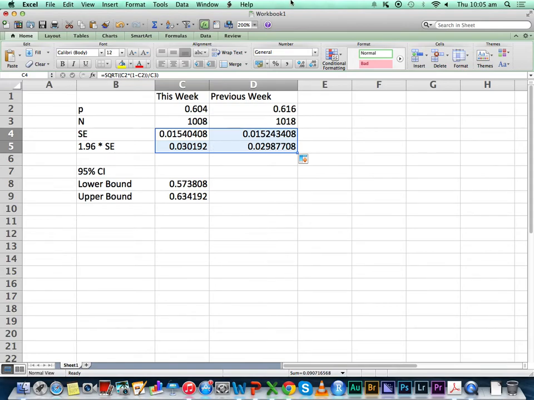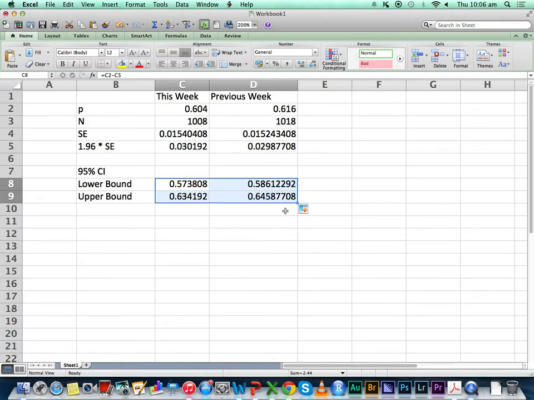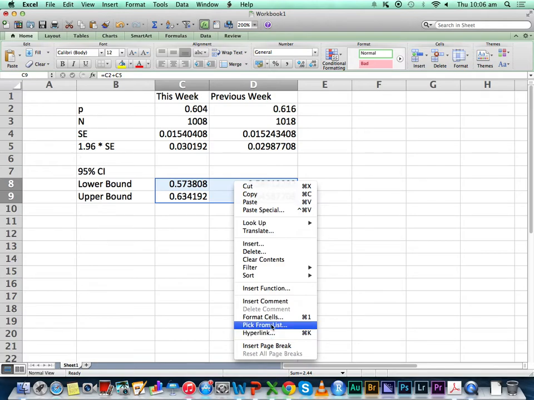Because the sample size is very similar, the standard error is nearly the same, and you can also calculate the 95% confidence interval for the previous week. Let's make it format show.